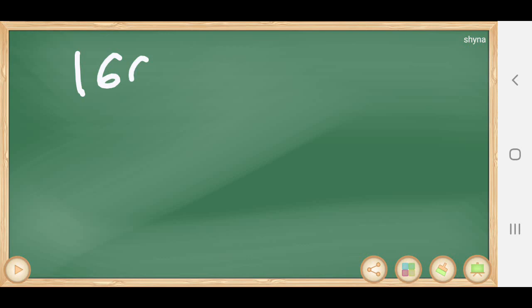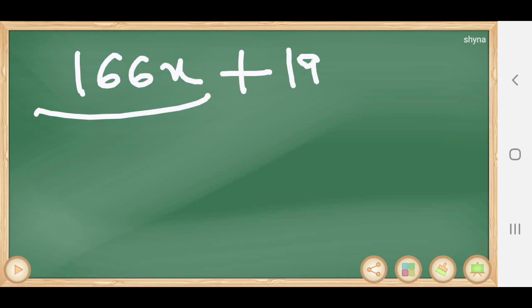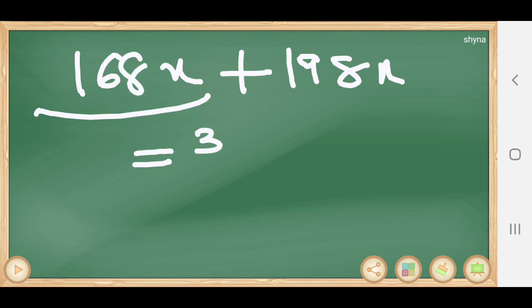So 168x, that is selling price of shirt material, plus 198x, equal to 36,600.